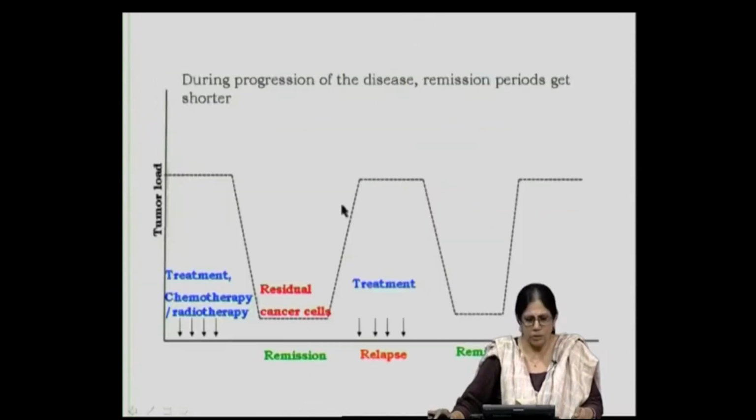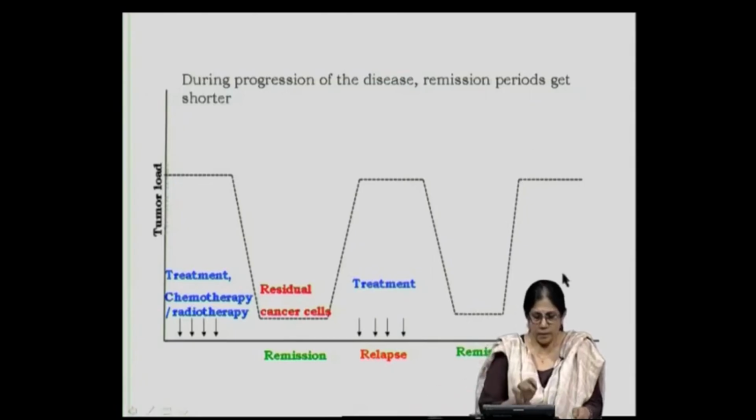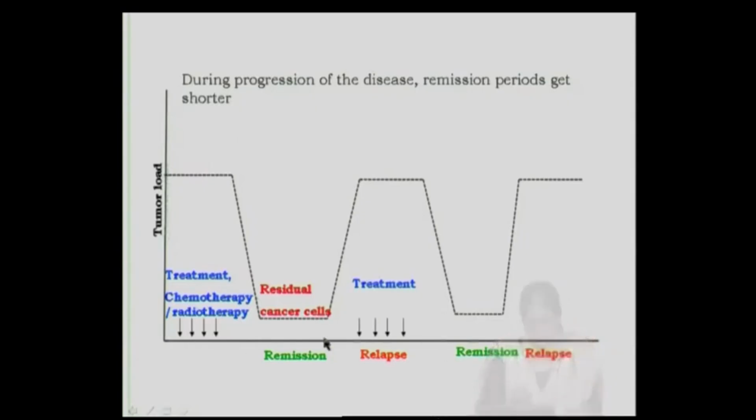Now, I tried to show this in this diagram. Typically, the y axis shows the tumor load and the x axis is time. So when the tumor load is very high, chemotherapy or radiotherapy is given constantly.